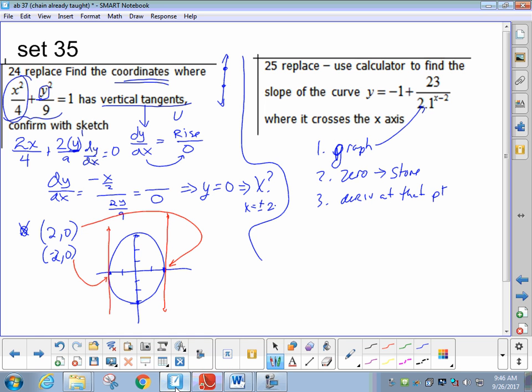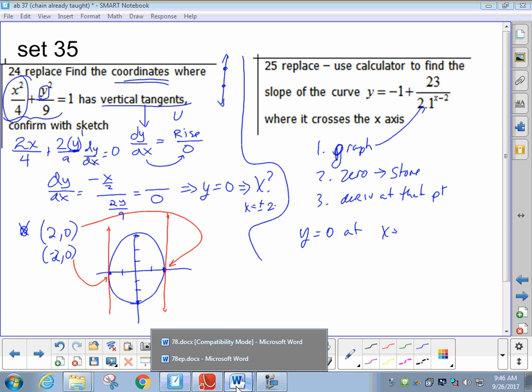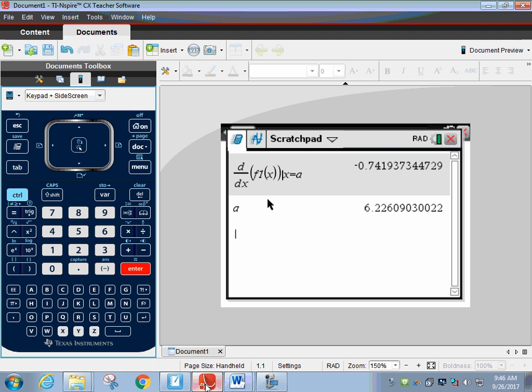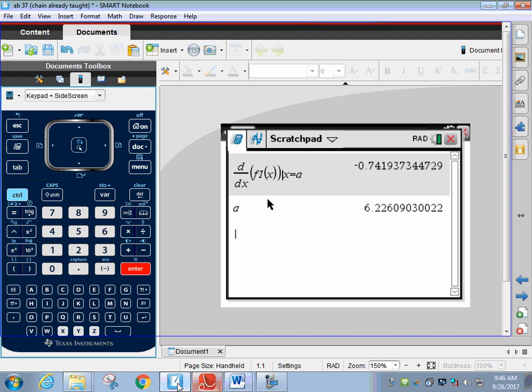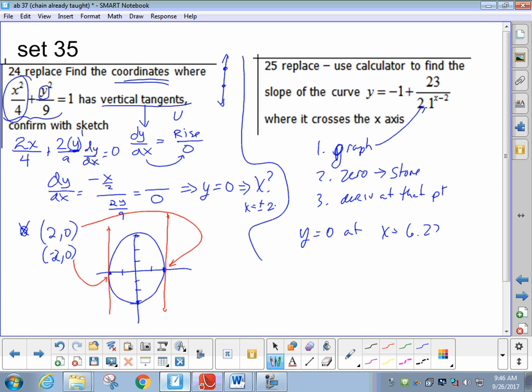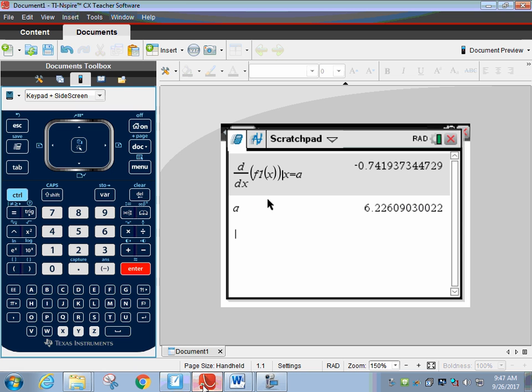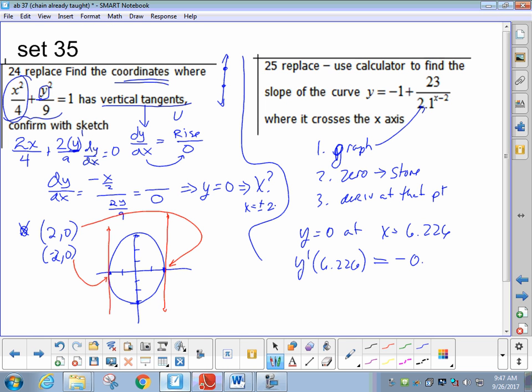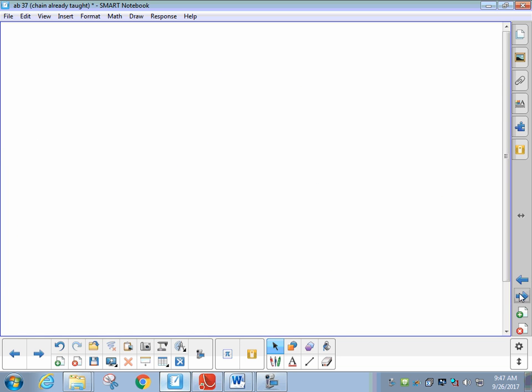I'll put that up here. y equals 0 at x equals 6.226. And y prime at 6.226, the slope of the curve at that point, is negative 0.7419. All right, I think that was the last replacement problem there.